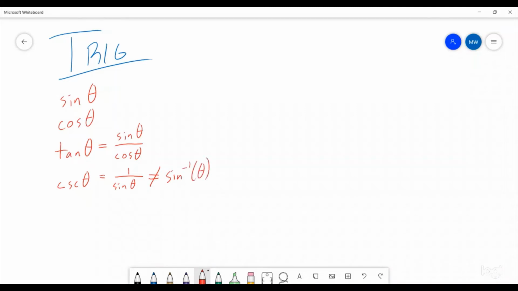That is a very important thing. Cosecant is not inverse sine of theta. That is a very, very common mistake on tests. So be sure to know the difference between inverse sine and cosecant. Secant of theta over sine of theta.